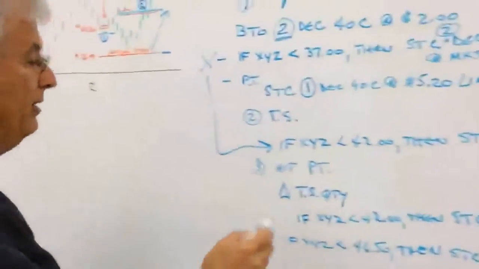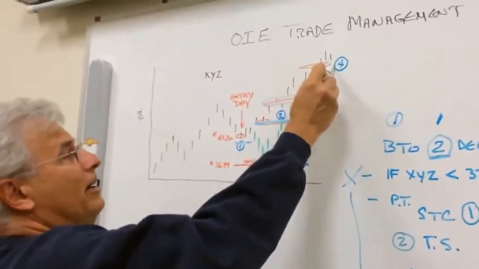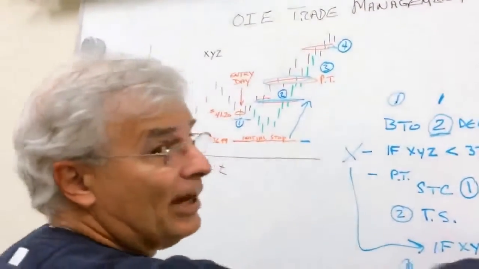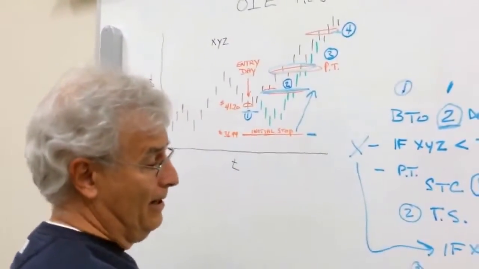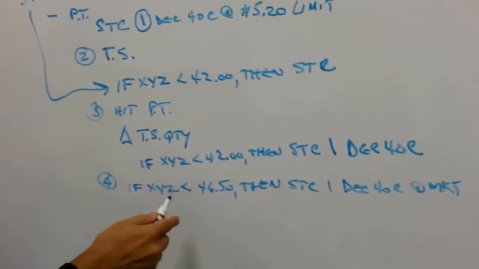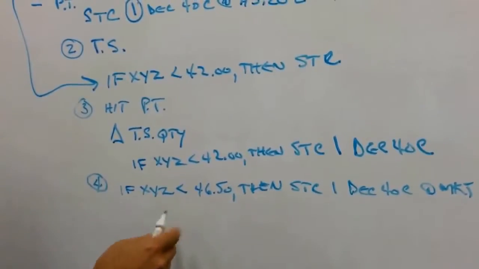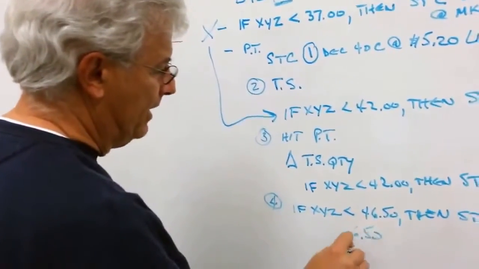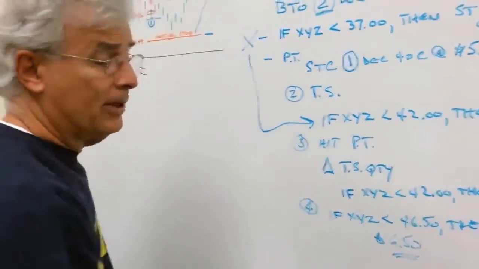And at that point, you're very happy. If you get stopped out here, you're very happy because you sold half at $5.20 at the profit target with the stock at 46.50. Remember, there's still a lot of time value left in this option. It's probably going to be more like $6.50 for that second half position.